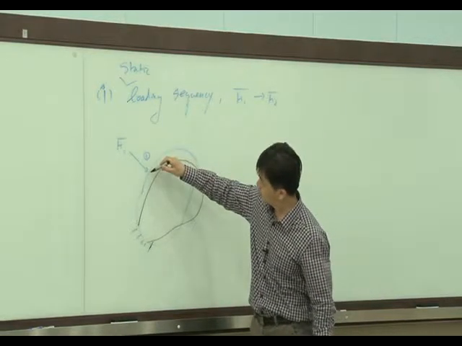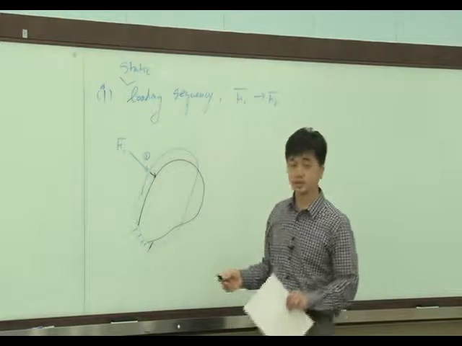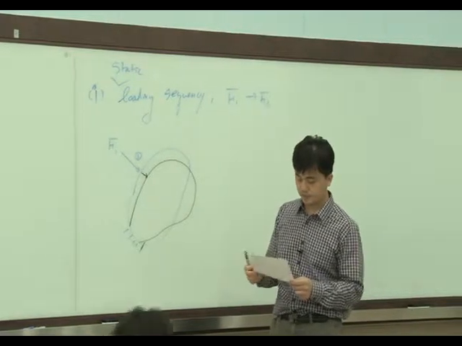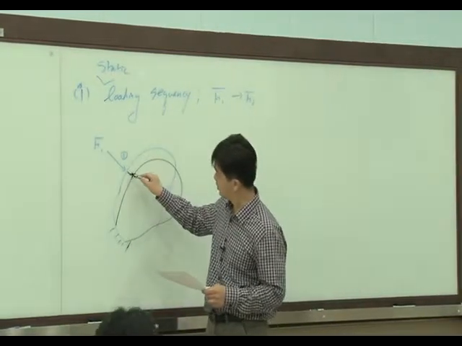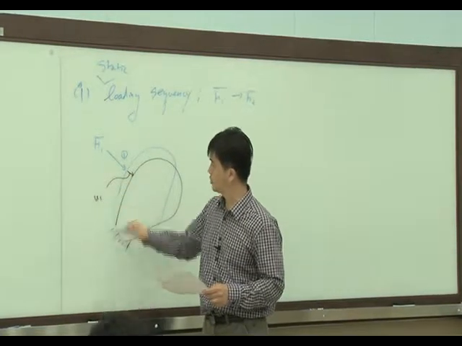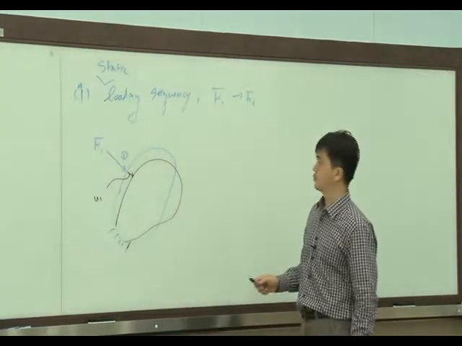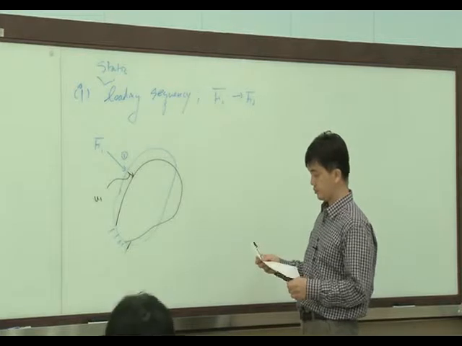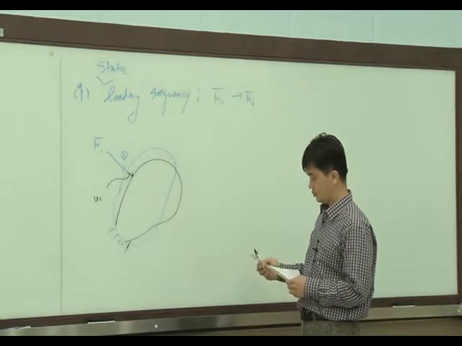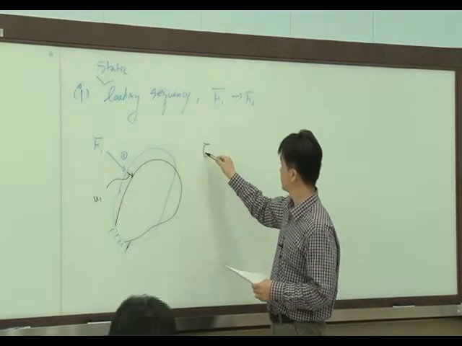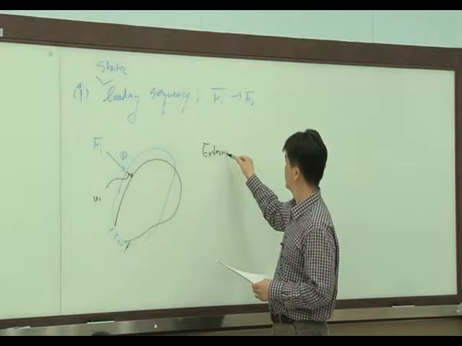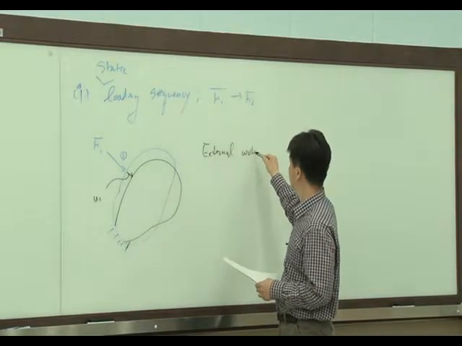And point 1 will move. This is displacement at point 1. This is U1. Then external work. Let's calculate the external work.